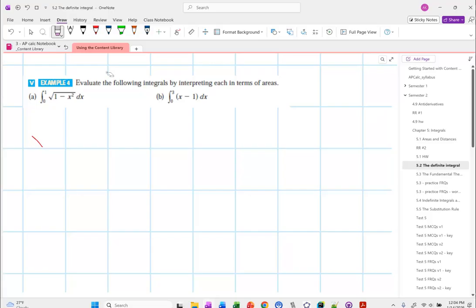Let me ask you this then. What's that? A circle. Yeah. So if I want to write this graph of a circle as a function of y, we can subtract the x squared over, and then we square root both sides.